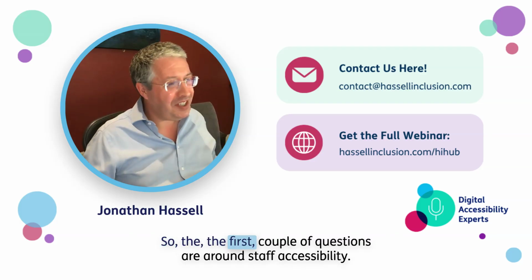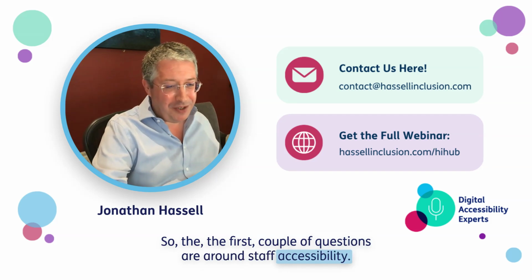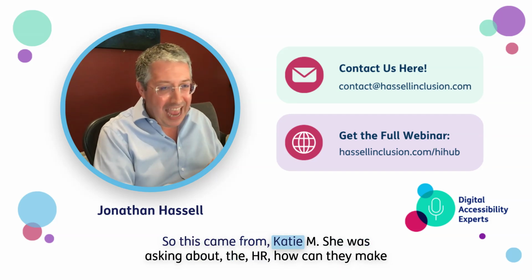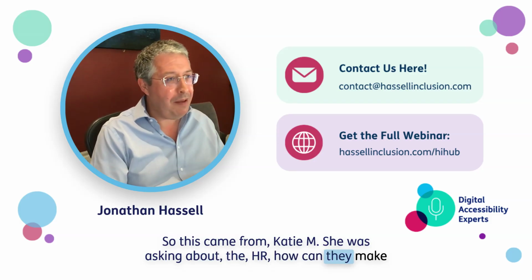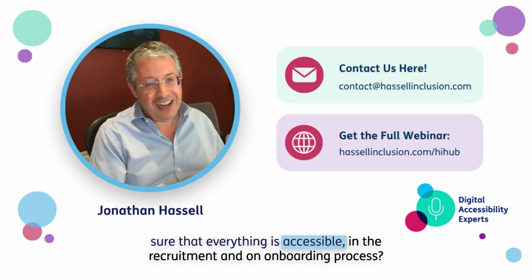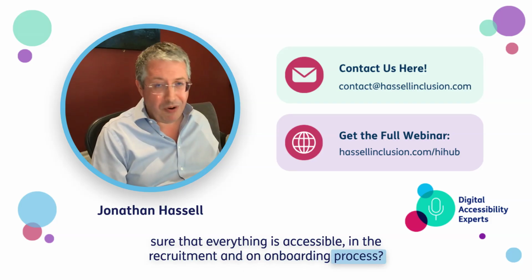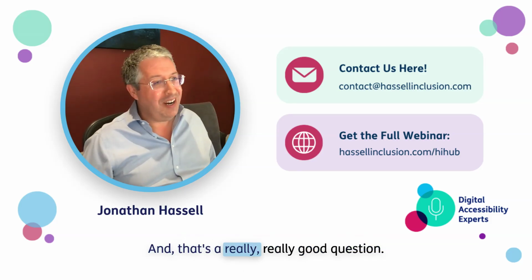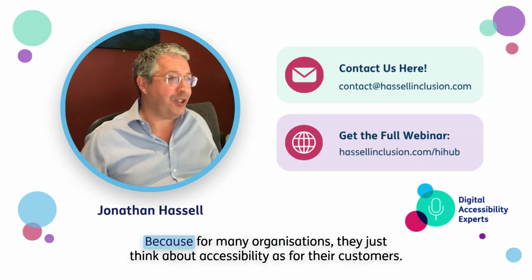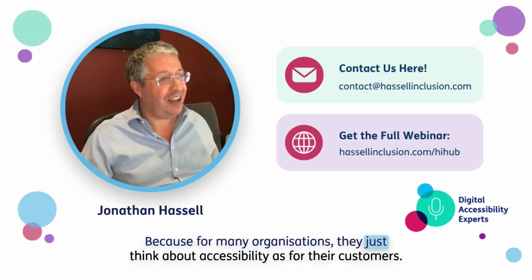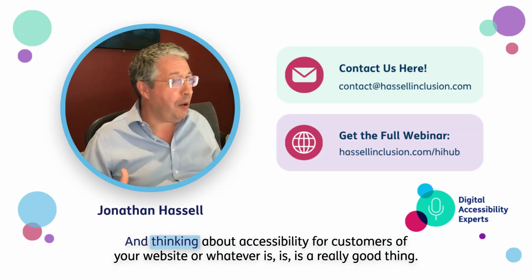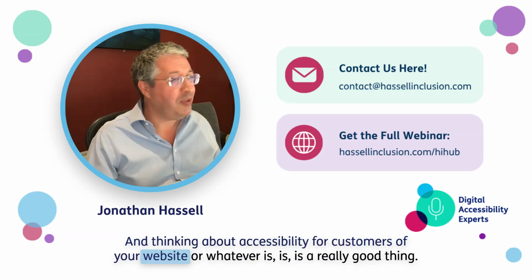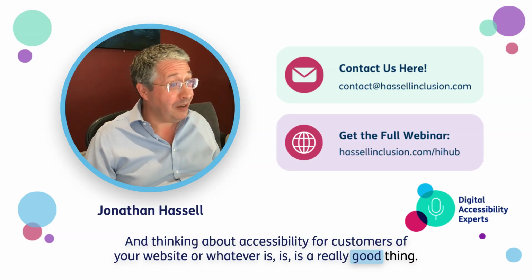So the first couple of questions are around staff accessibility. This came from KTM. She was asking about HR, how can they make sure that everything is accessible in the recruitment and onboarding process? That's a really good question, because many organizations just think about accessibility for their customers. Thinking about accessibility for customers of your website is a really good thing.